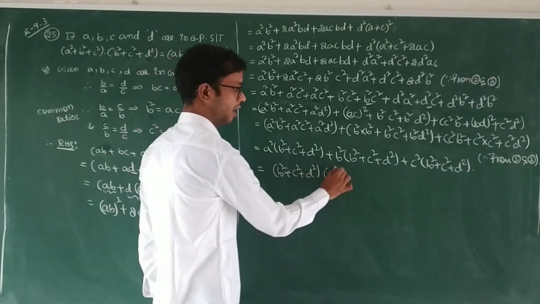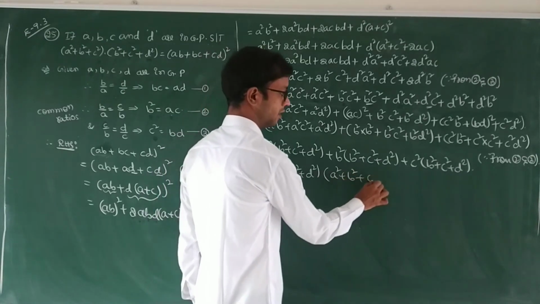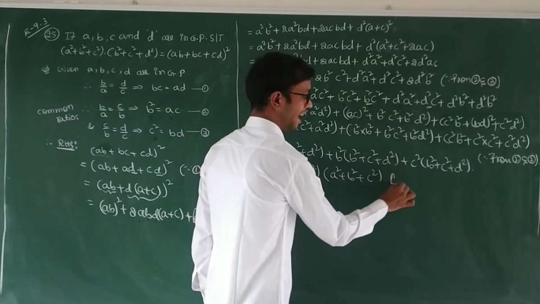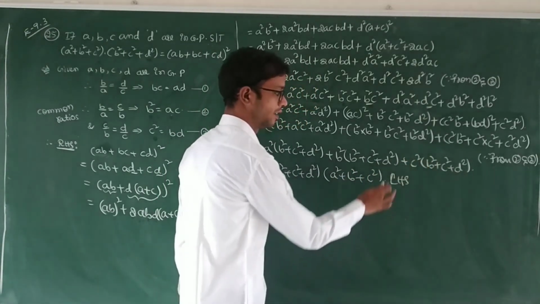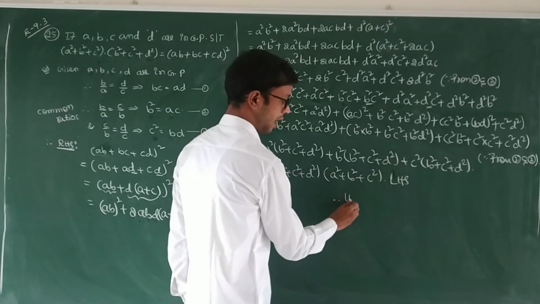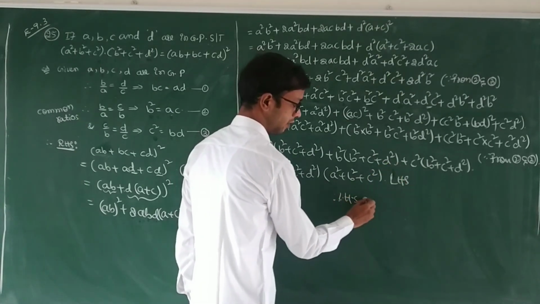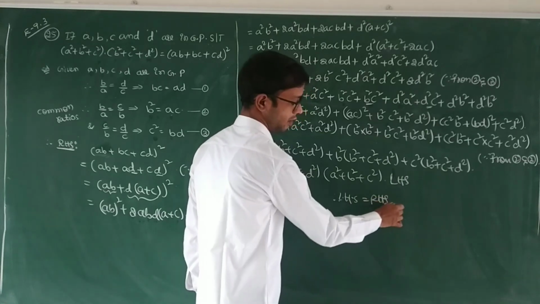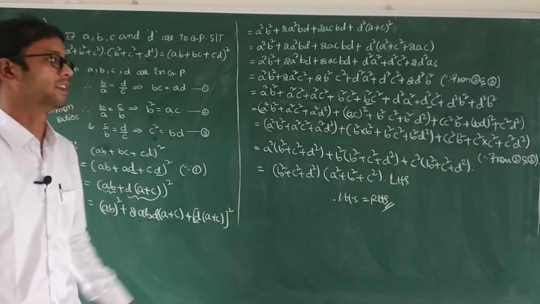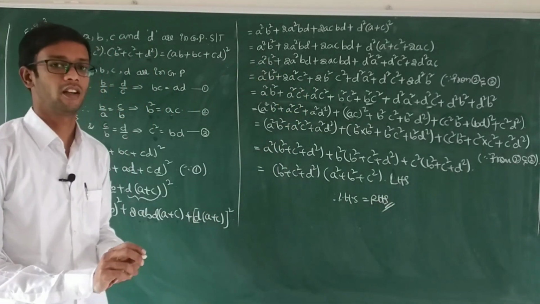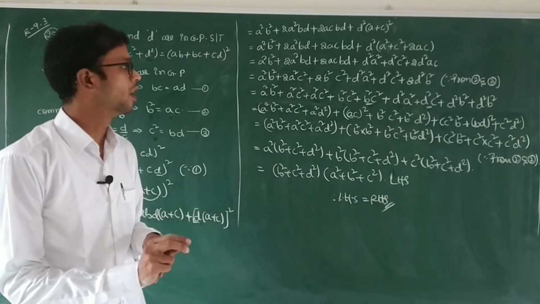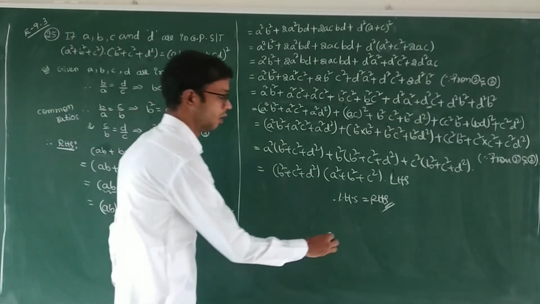If you take common A square plus B square plus C square, this is the LHS part. Therefore LHS is equal to RHS. Just here simplification is there; if you concentrate on that simplification, the problem will be easy. So hence proved.